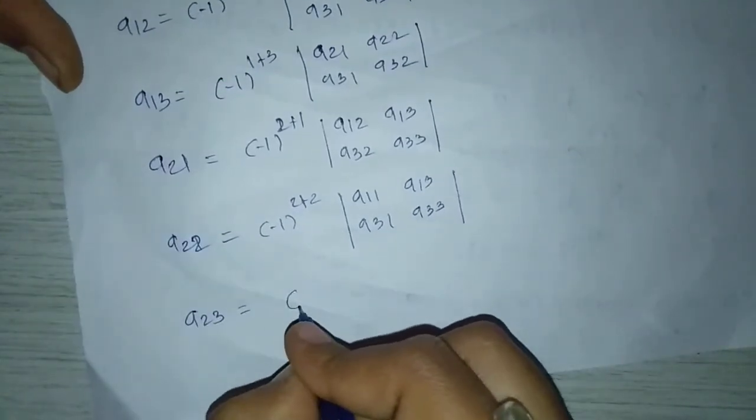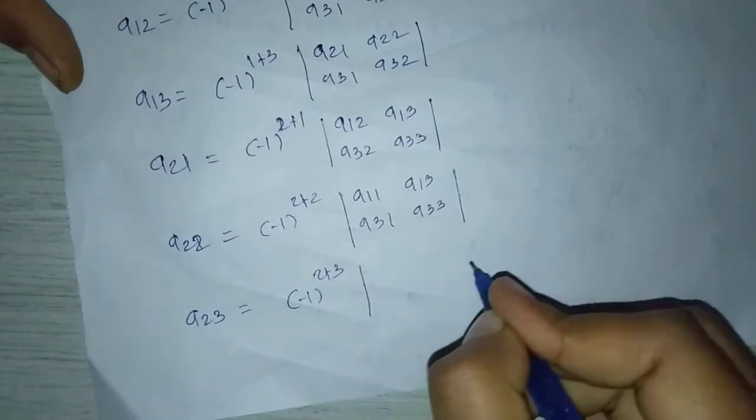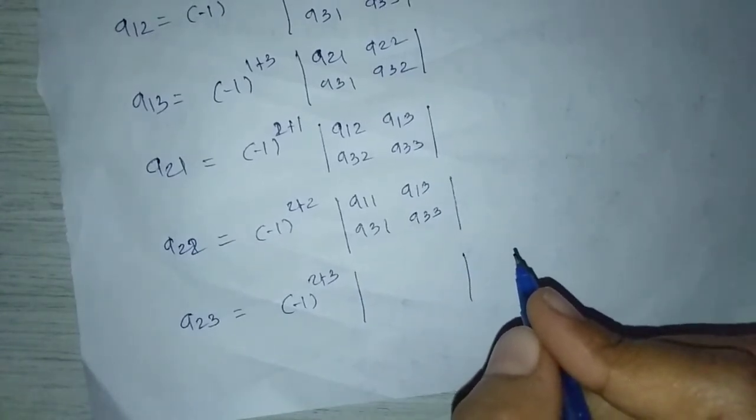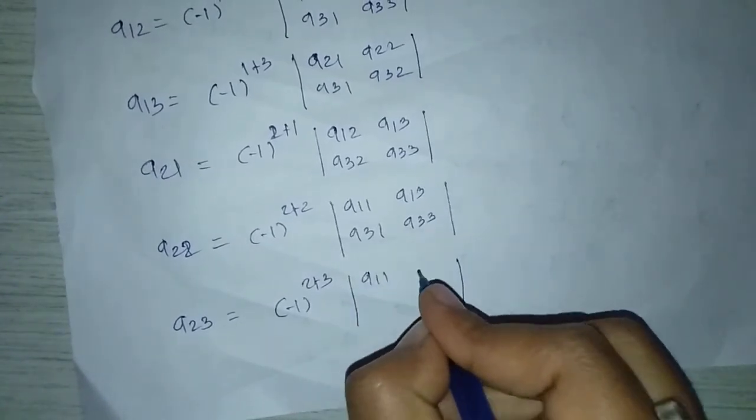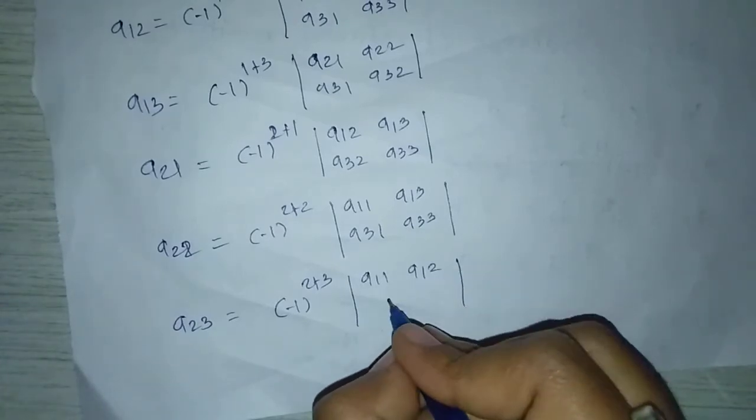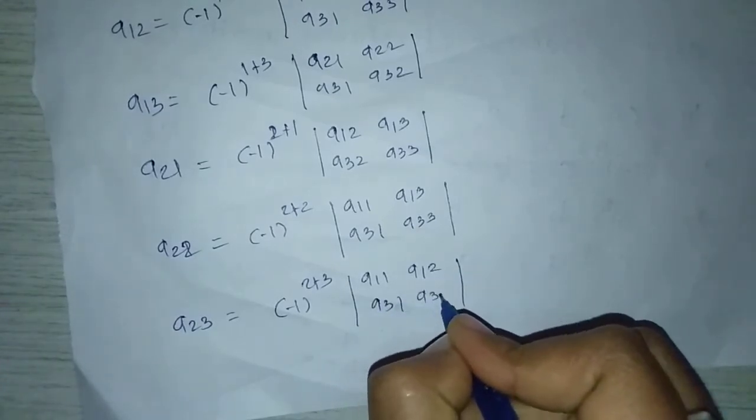The cofactor of A23 equals (-1) raised to 2 plus 3 into the determinant of A11, A12, A31, A32.